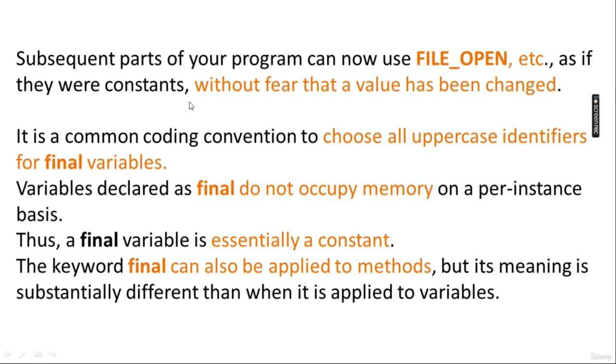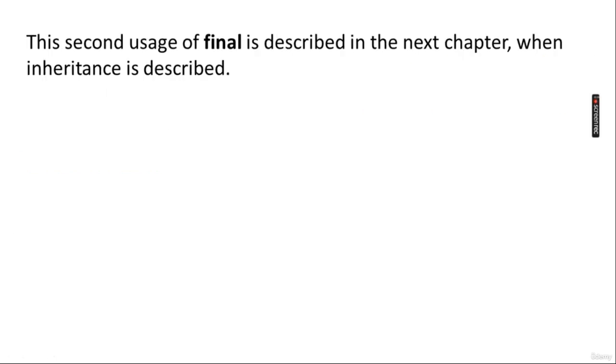Thus a final variable is essentially a constant. The keyword final can also be applied to methods, but its meaning is substantially different than when it is applied to variables. The second use of final we will see when we understand inheritance.